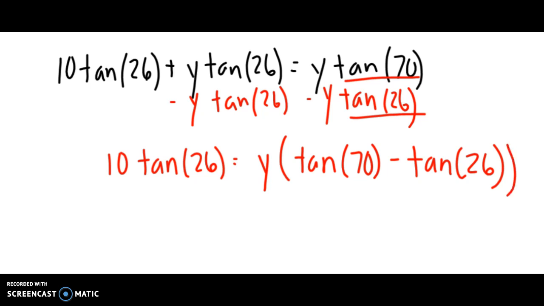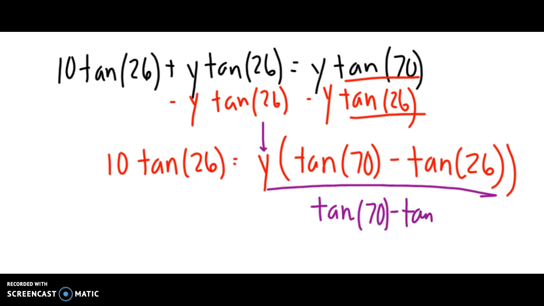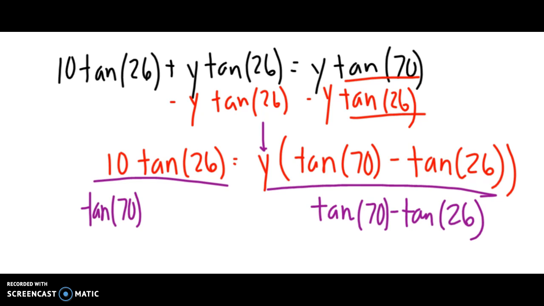Then if I want y by itself, and it's y times all of this stuff right here, the way to undo that is to divide it all by tangent of 70 minus tangent of 26. And I divide this one over here by tangent of 70 minus tangent of 26.